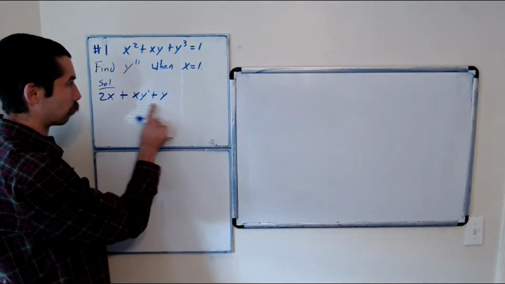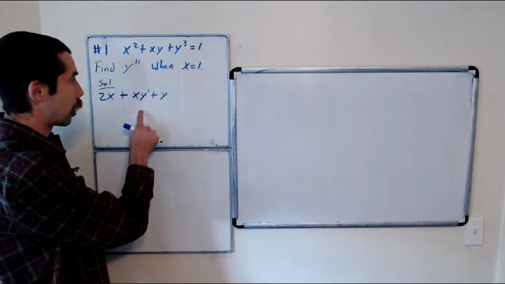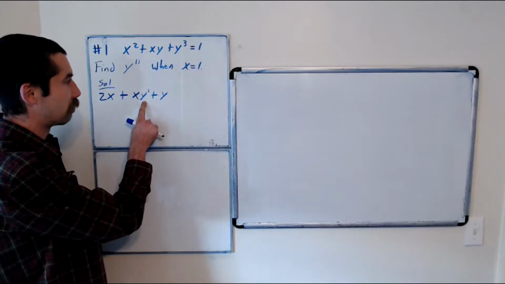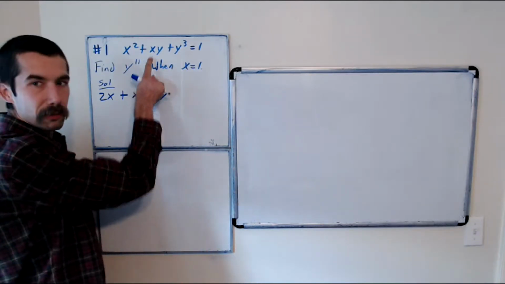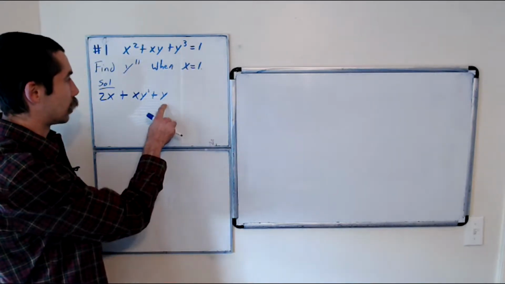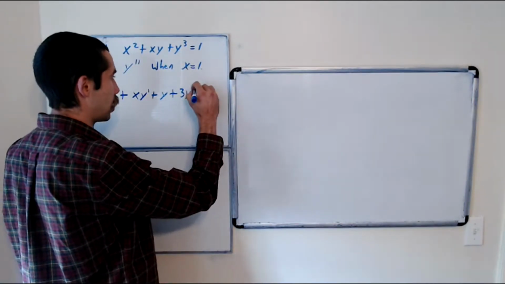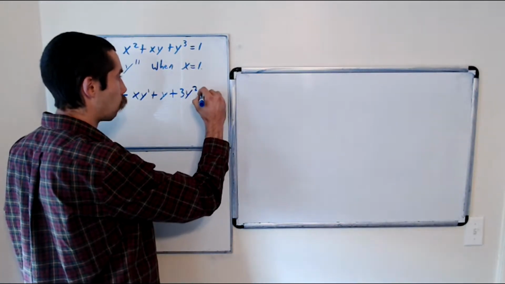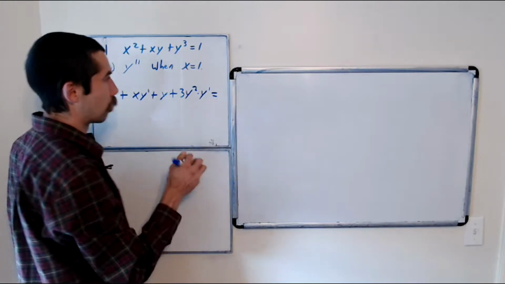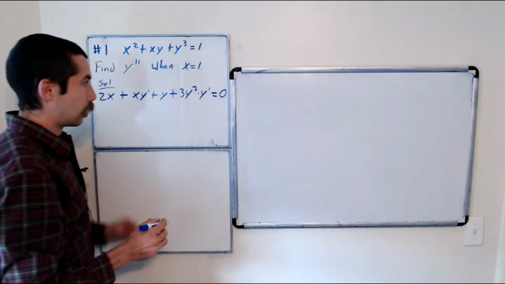This is the product rule here. The derivative of xy, we have to use the product rule. So it's first times the derivative of the second plus the derivative of the first, right? The derivative of x is just 1 times the second plus 3y squared, okay? Chain rule, y prime equals, okay, what's the derivative of 1? It's 0.